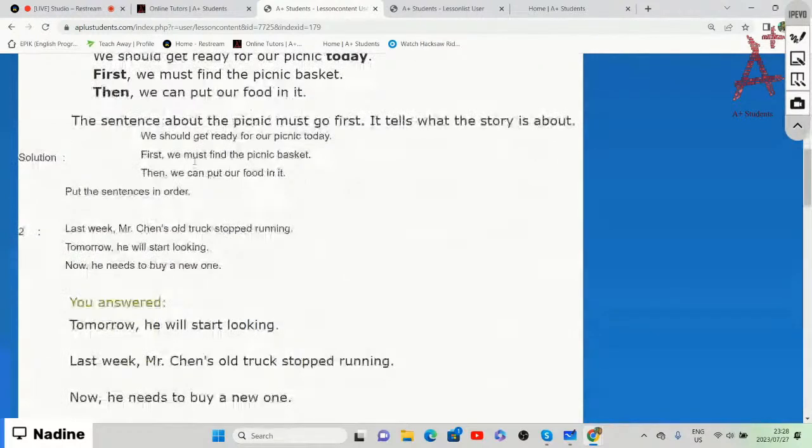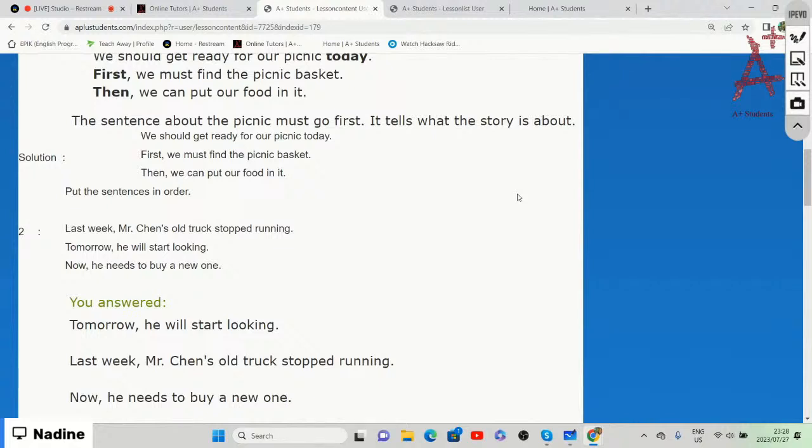The sentence about the picnic must go first. It tells what the story is about, right? Which means that you need to be accurate as to what the story is about in order to put it in order, in order of how the flow is, whether you are going to submit it for someone to read, or when you are giving a written account of when something happens.